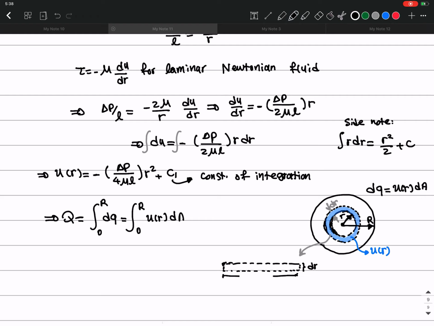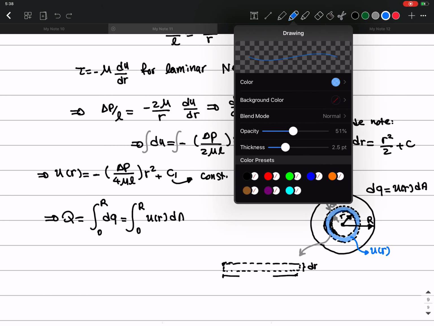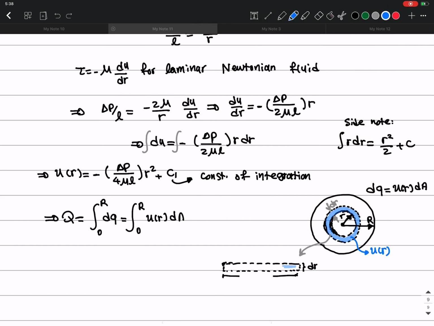Can you guess what this length is if you spread this down? Until you think, I will just color it again. What should this length be? This length should be the circumference of this circle, which is going to be 2πr, right?